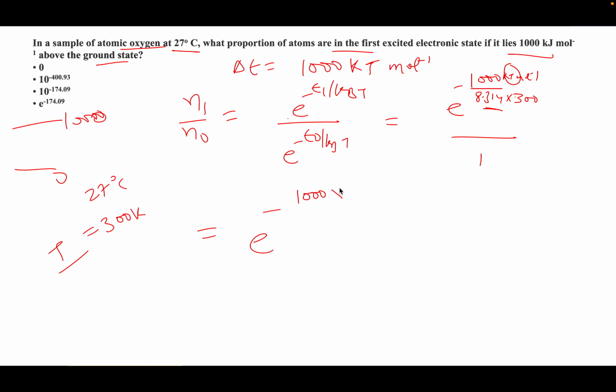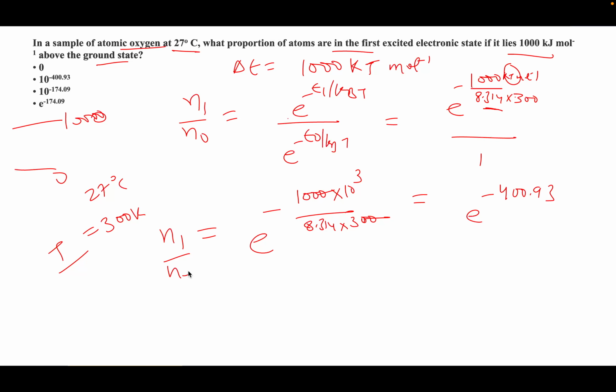So 1000 into 10 to the power 3 divided by 8.314 into 300. So just calculate this: e to the power minus 400.93.